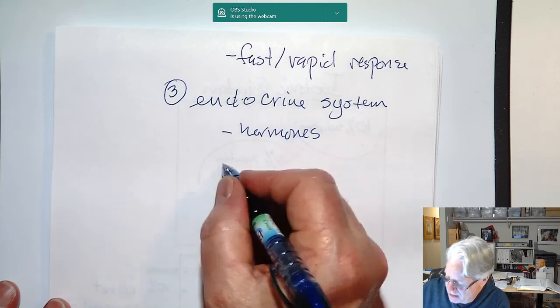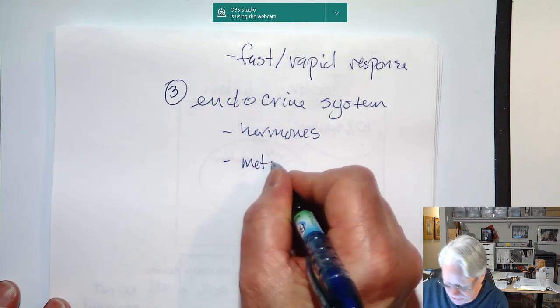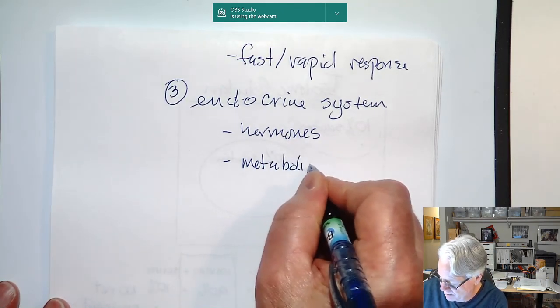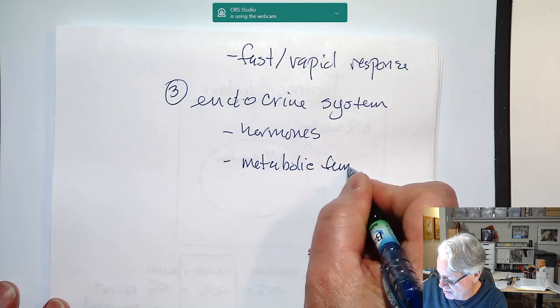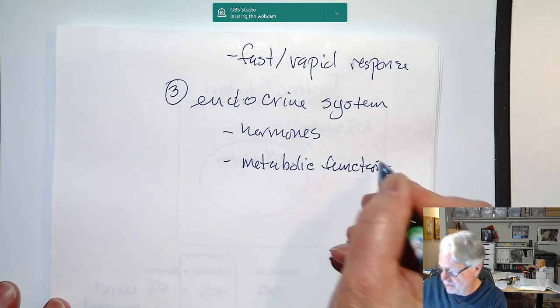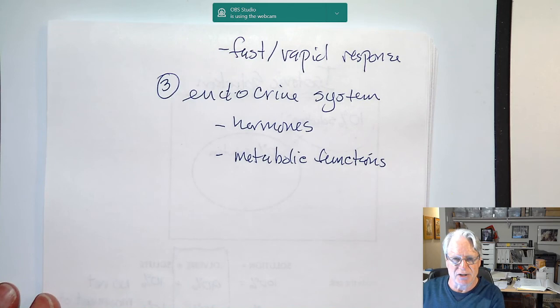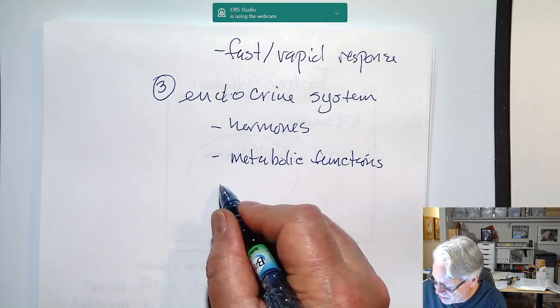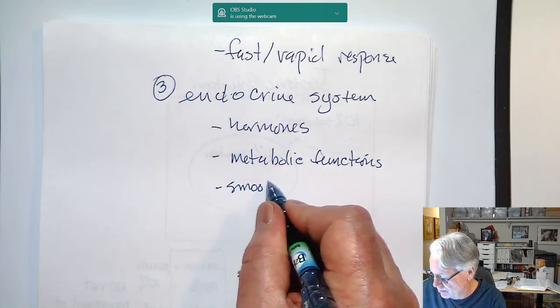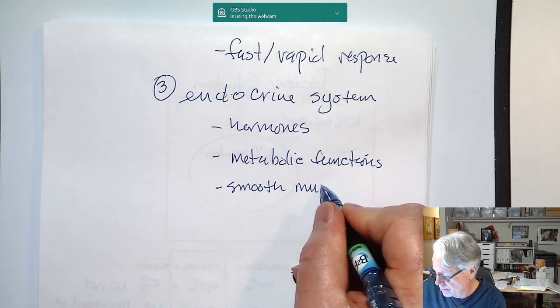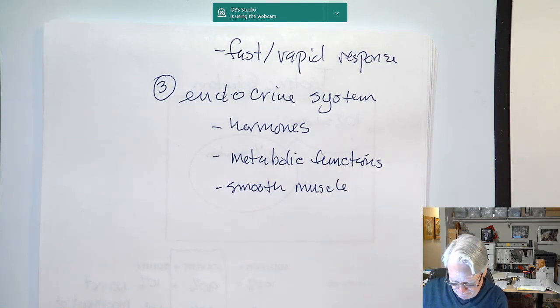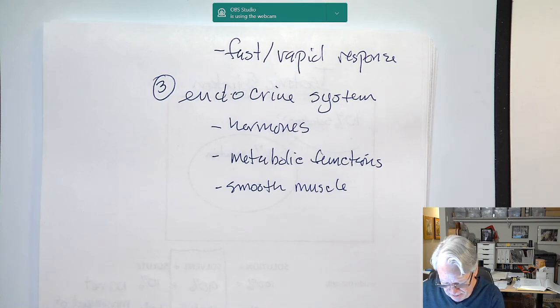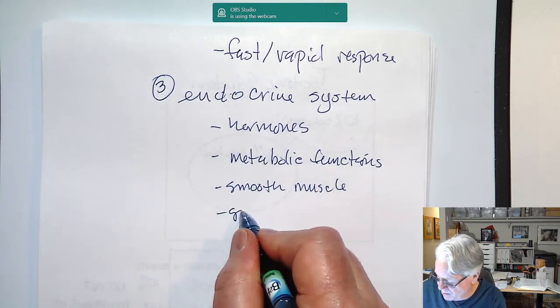Okay. And typically we're going to focus on metabolic functions. So the endocrine system tends to focus on metabolic activities within your body, but also smooth muscle. Okay. And growth and development, of course.